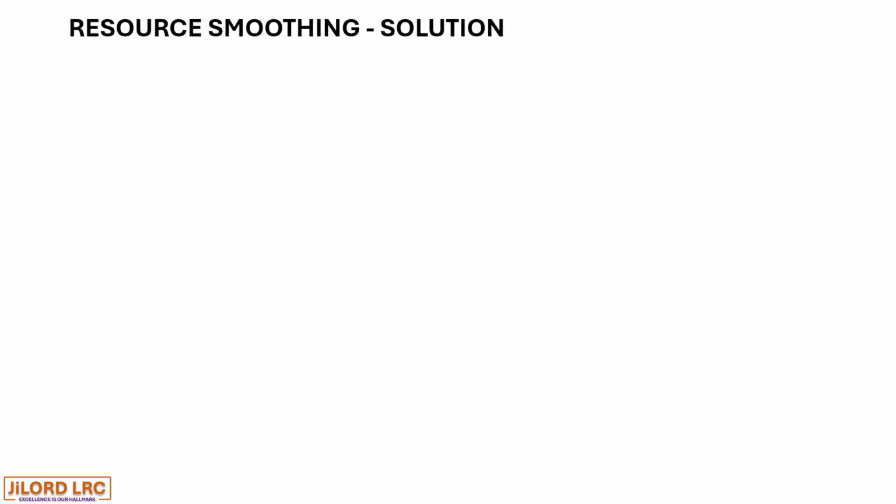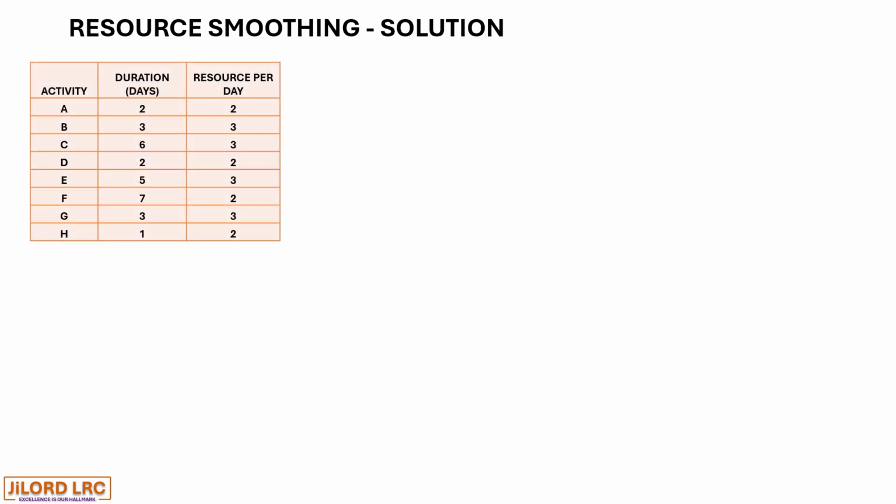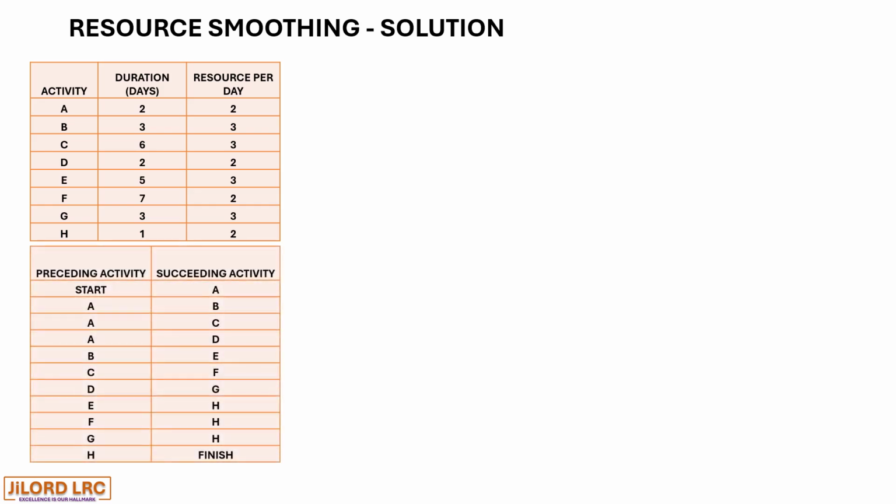Resource smoothing solution. So we have a table of information for the activity duration and resource per day and the preceding and succeeding activities. Based on this information, we can draw the precedence network diagram.